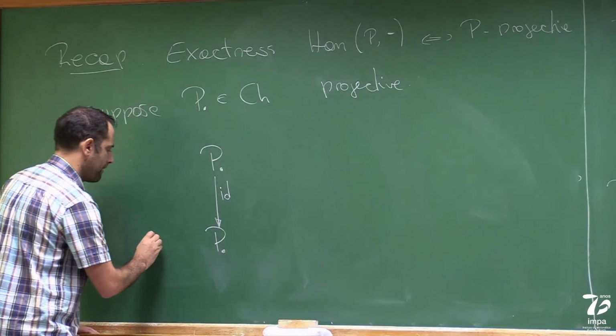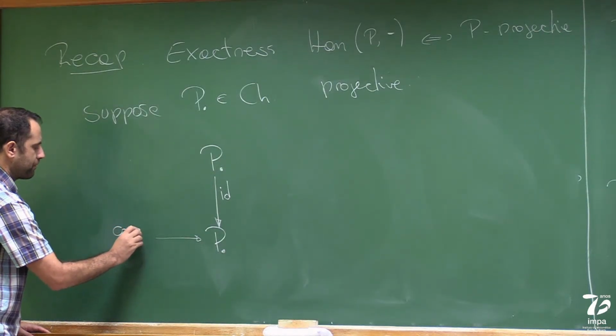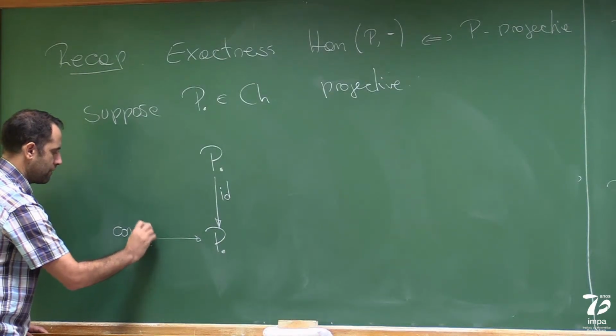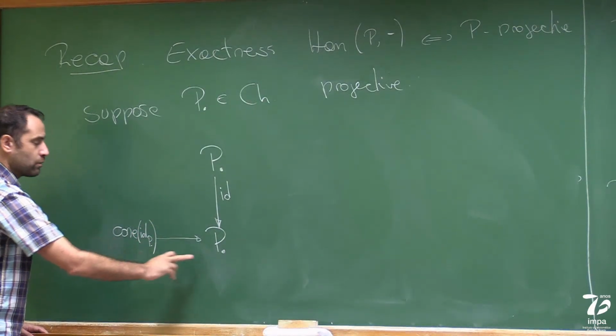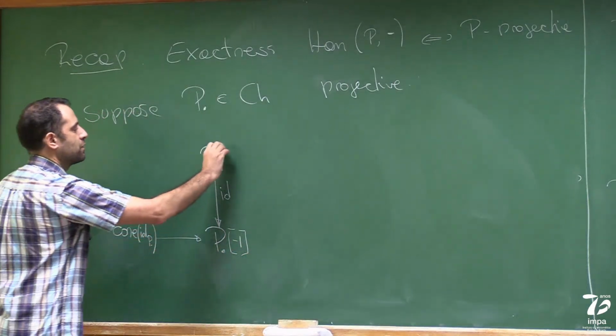Well, we can take the cone of the identity map, and what we had is this shifted by -1. So I can just put the identity map here.